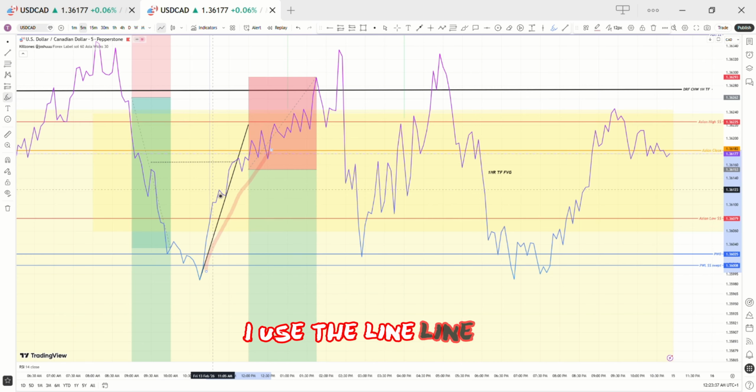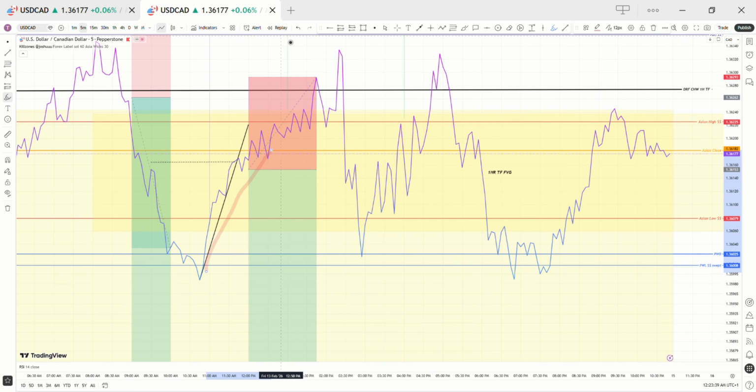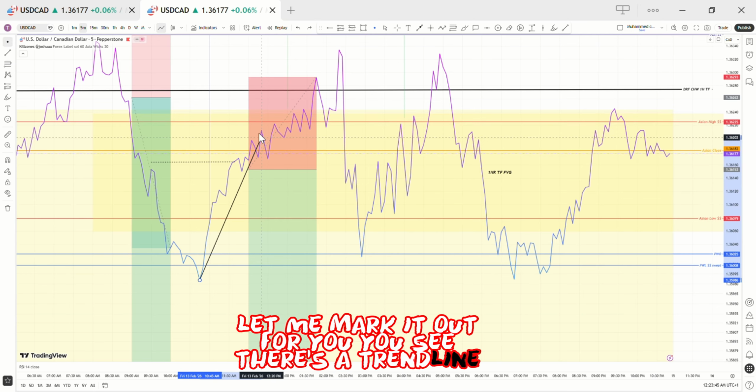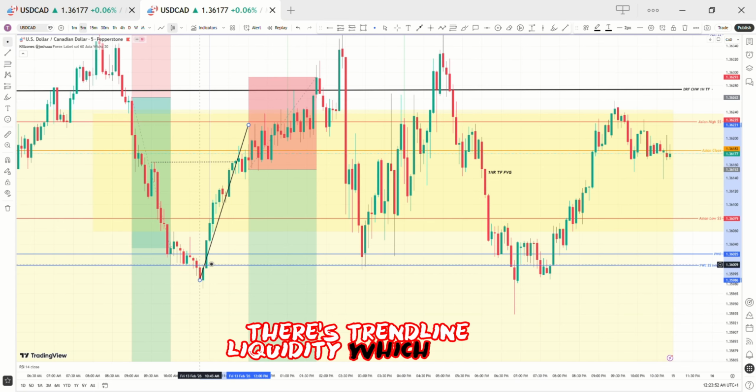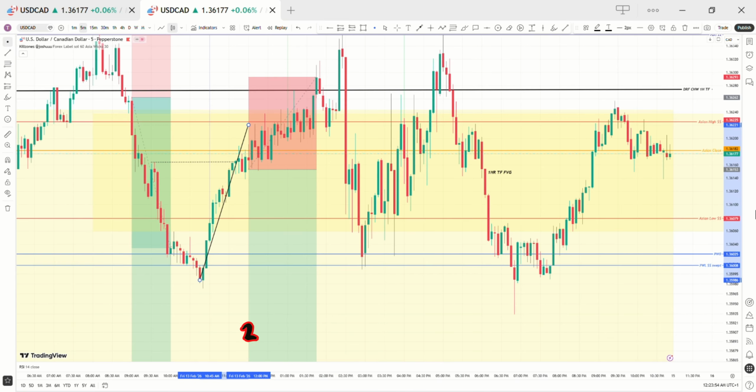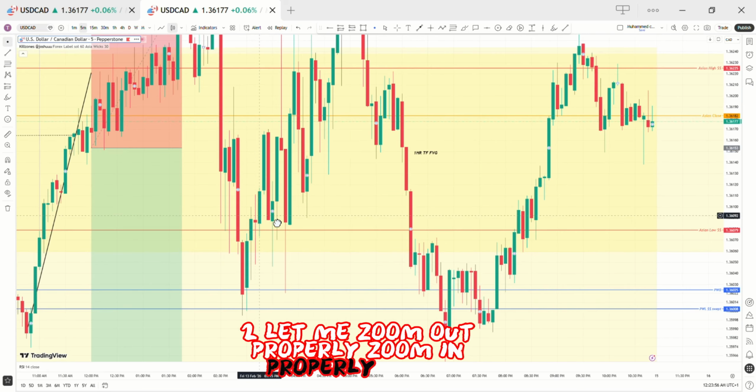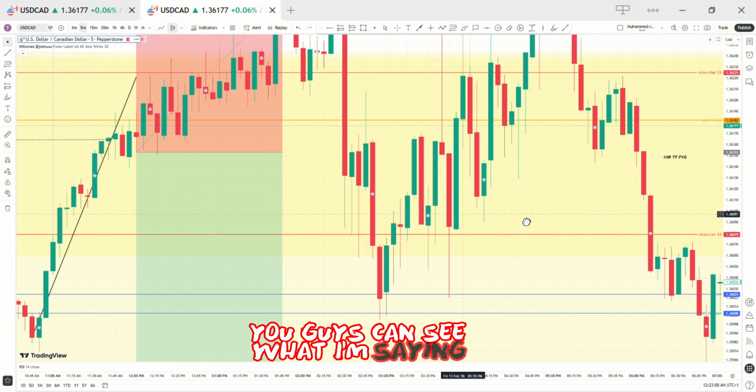I use the line chart to identify a trend line. Let me mark it out for you. This is where it tapped. There's a trend line liquidity which was tapped at least 1, 2. Let me zoom in properly, sorry, so you guys can see what I'm saying.